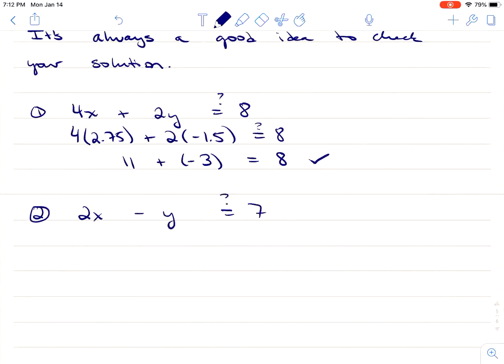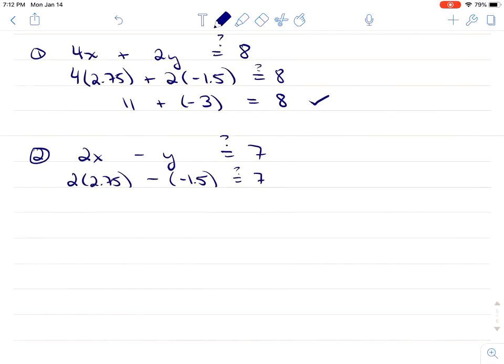So we've got 2 times 2.75 minus -1.5. We're still not sure if it equals 7, so I'll keep that question mark up top. So we got 5.5 plus 1.5 which is 7. Phew.